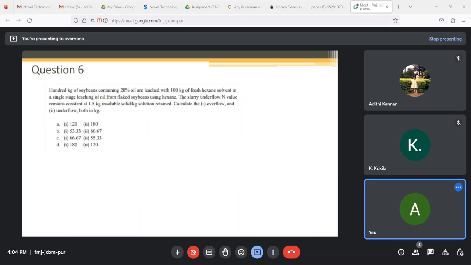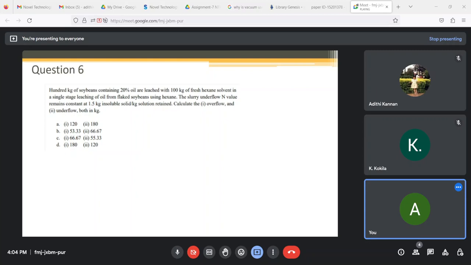Okay, moving to question 6, another numerical problem. 100 kgs of soybeans containing 20% oil are leached with 100 kgs of fresh hexane solvent in a single stage leaching of oil from flaked soybeans using hexane. So you have a leaching process that is happening.